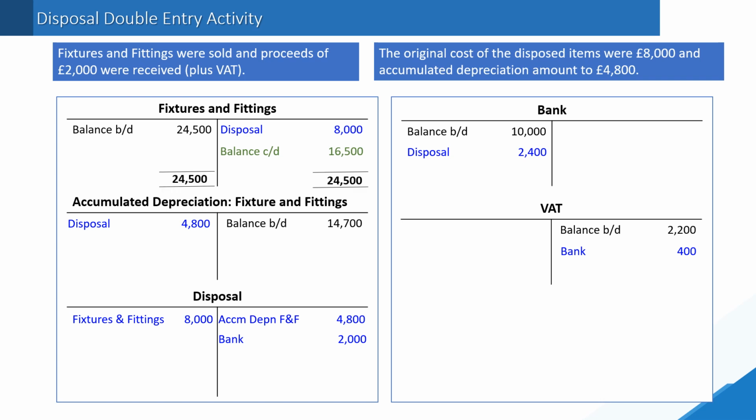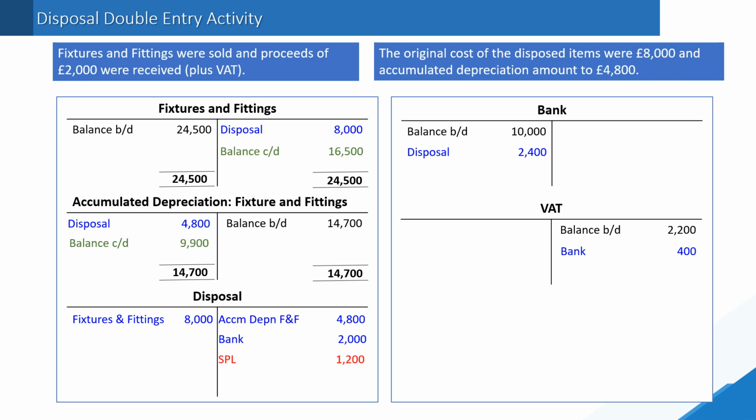In our accumulated depreciation account, we're going to have a balance carried down on the debit side of 9,900. Our disposal account needs to be balanced off, and the balancing figure will indicate whether a profit or loss has been realised upon disposal. In this example, it is a loss on disposal, unfortunately.